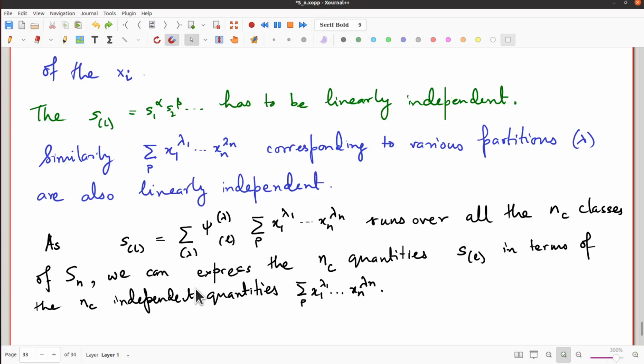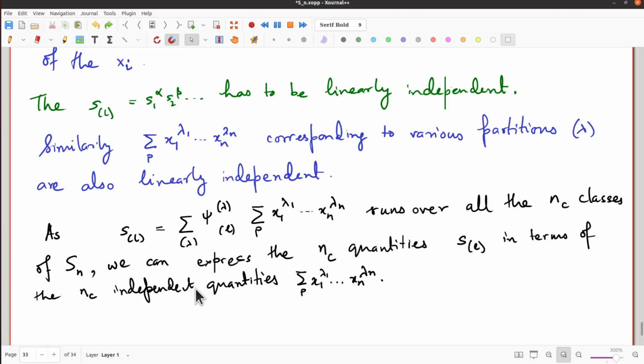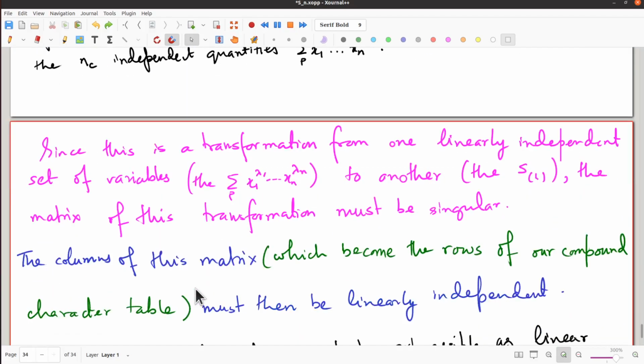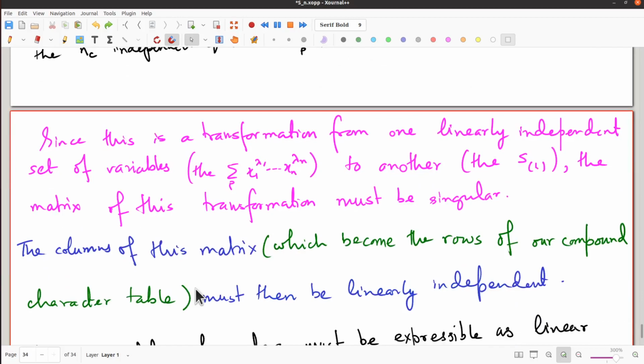And since the SLs are all linearly independent, what we have here is a transformation from one bunch of linearly independent variables, the x1 to the lambda 1, xn to the lambda n's, summed over permutations, to another bunch, the S for a given class.